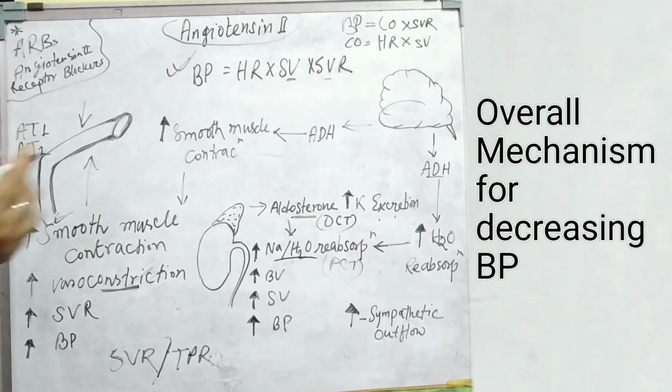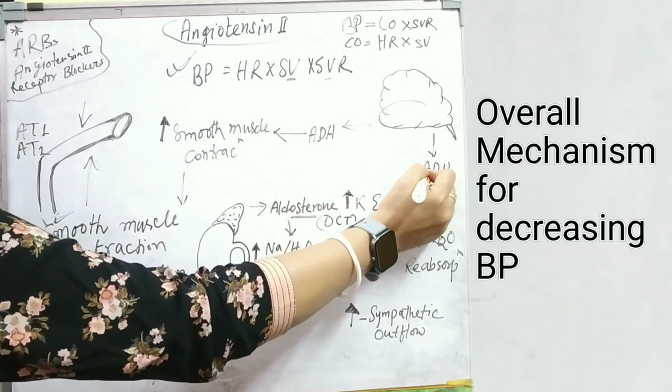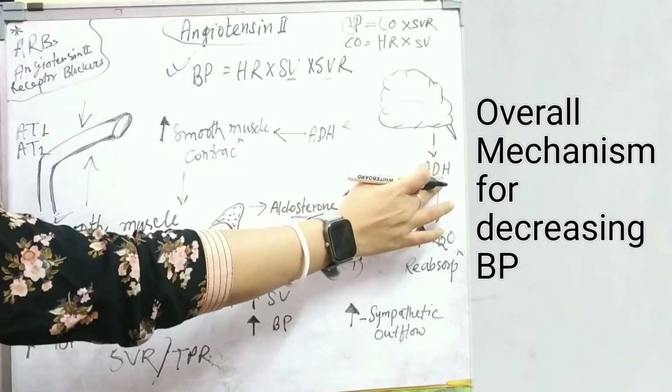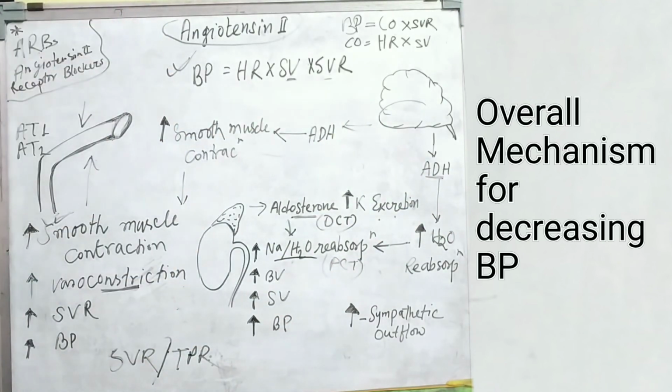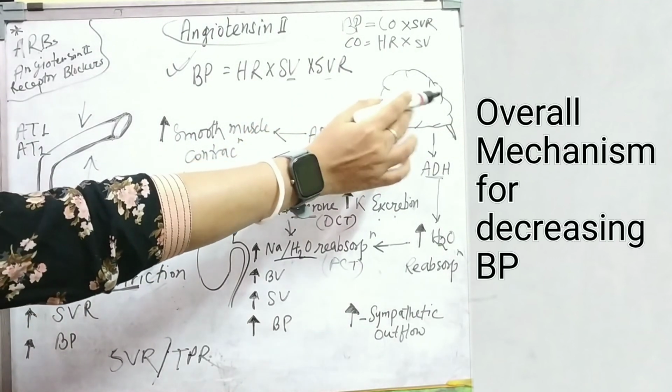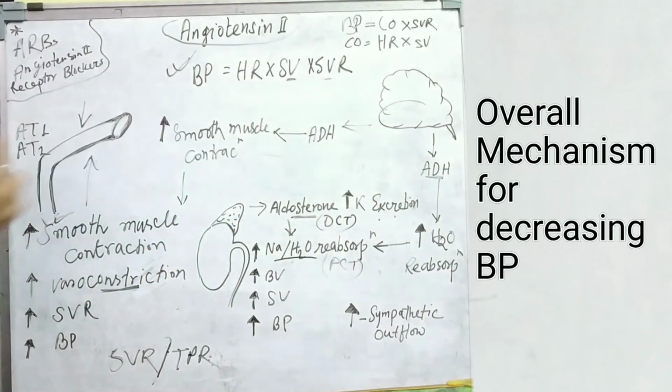Moving to ADH, that is how angiotensin helps in ADH secretion as well as in the BP increase. Angiotensin 2 stimulates the release of ADH from the posterior part of the pituitary. ADH, which is also known as vasopressin, acts on the collecting duct.